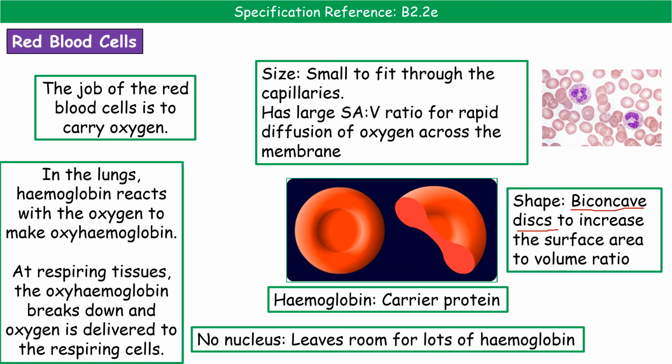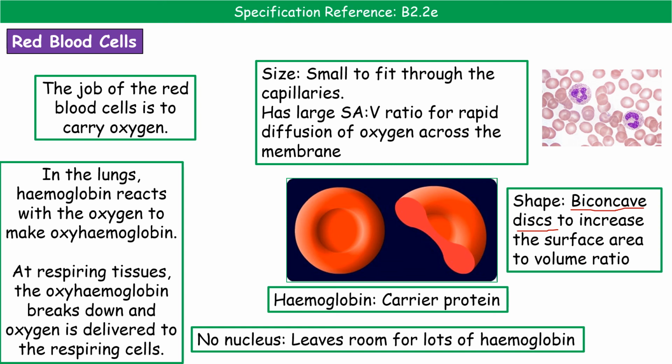Now, inside the red blood cell, they have this carrier protein called hemoglobin, and that binds the oxygen for transport. And to make more space for hemoglobin, they have no nucleus. So one of those key features about red blood cells we should know is they do not have a nucleus, just for the sake of leaving room for hemoglobin. They're also very small in size to fit through those capillaries.